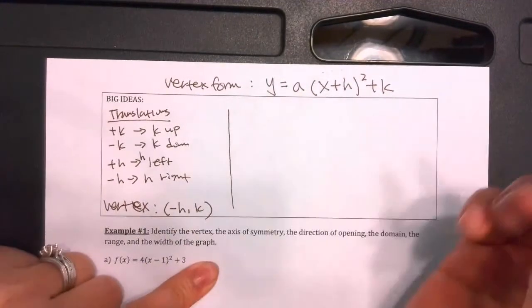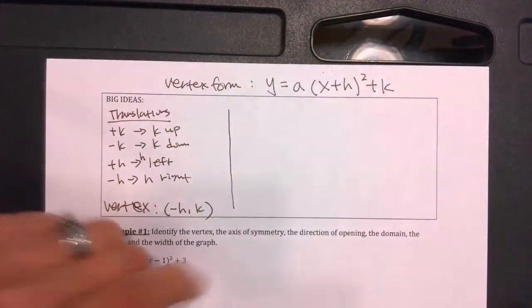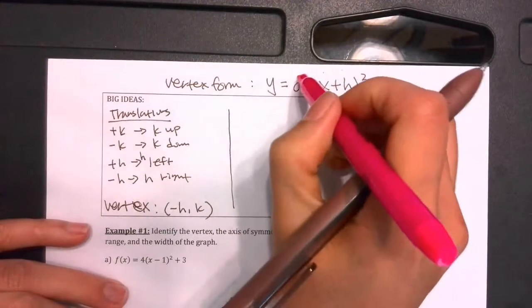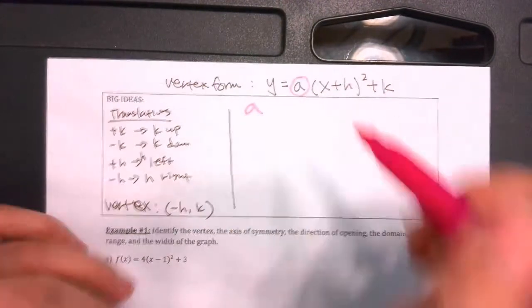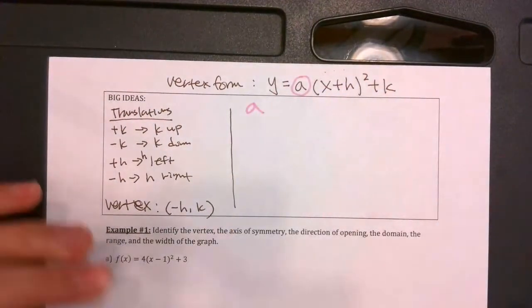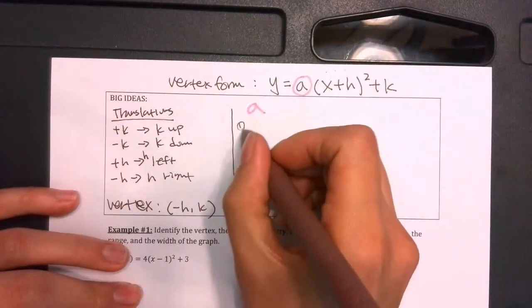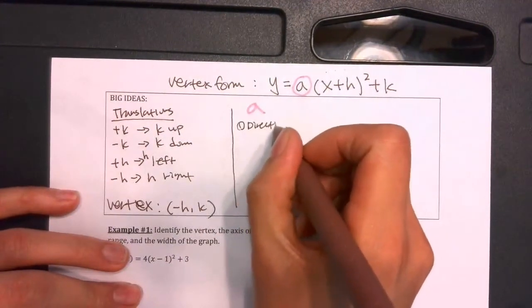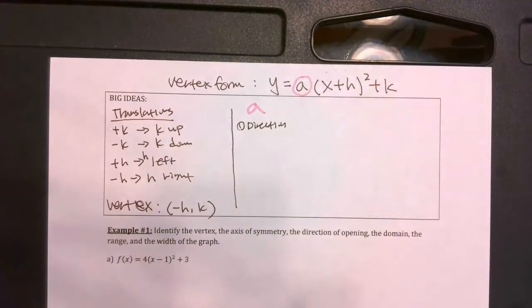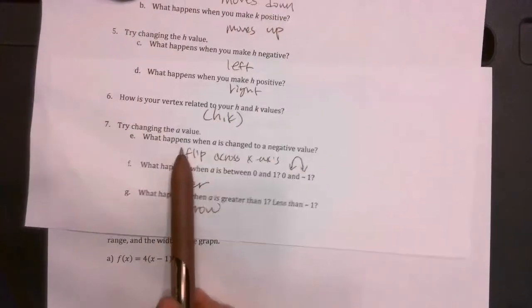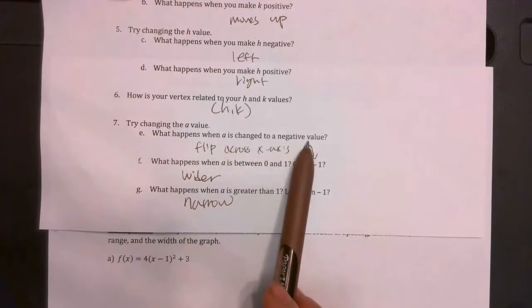Okay, what else? This number a over there tells you two important things. What were those? Number one, it tells me about the direction. So on the previous page when we did the activity, remember what happened when a is changed to a negative value?